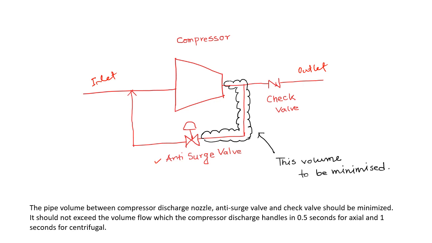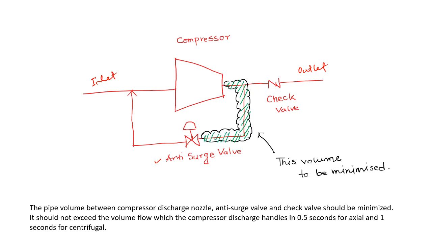Now, to effectively control this anti-surge system, the volume contained between the discharge of this compressor and the anti-surge valve has to be minimum, right?